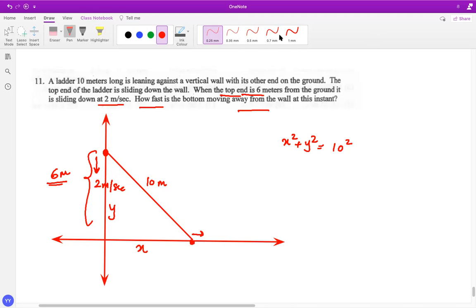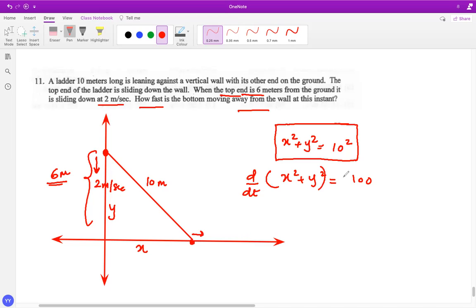So at this stage, this is our interesting fact and the general assumption that we made for x and y, to get a relation in x, y and the length of the ladder. Now the next step is, how do we introduce the related rates here? You simply differentiate both sides with respect to time.